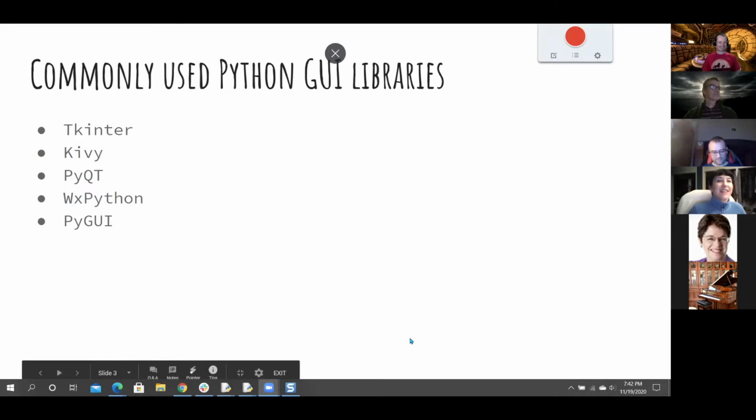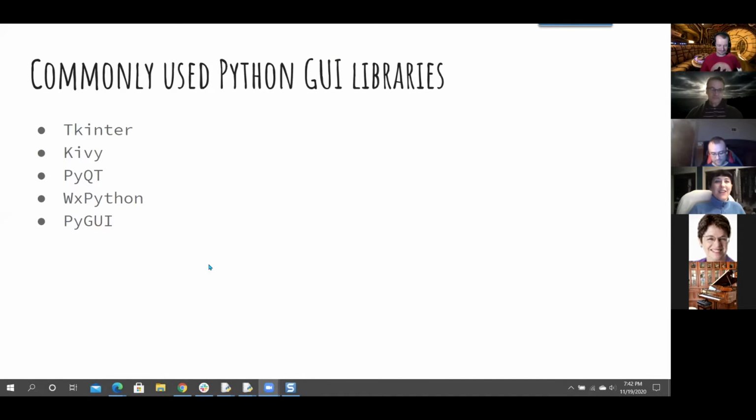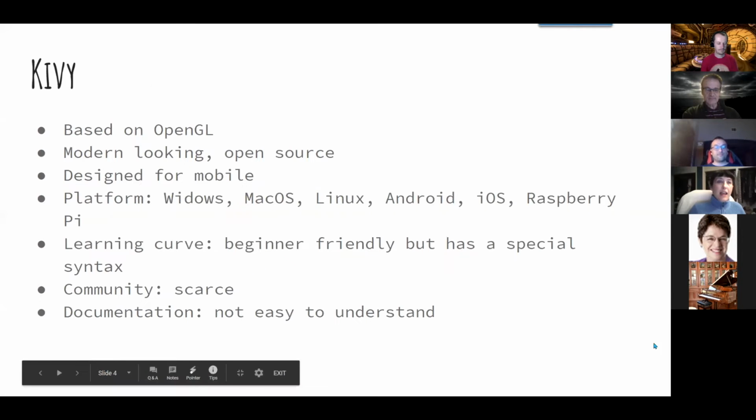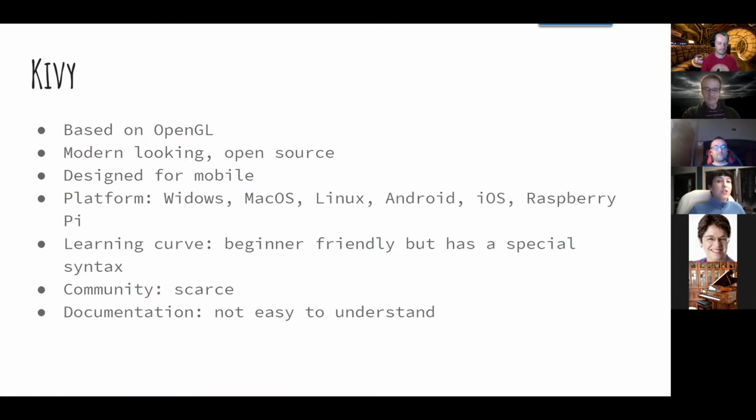All right. So these are the 5 commonly used GUI libraries: Tkinter, Kivy, PyQt, wxPython, and PyGUI. And Kivy is based on OpenGL. It's super modern looking. It's open source, designed specifically for mobile.